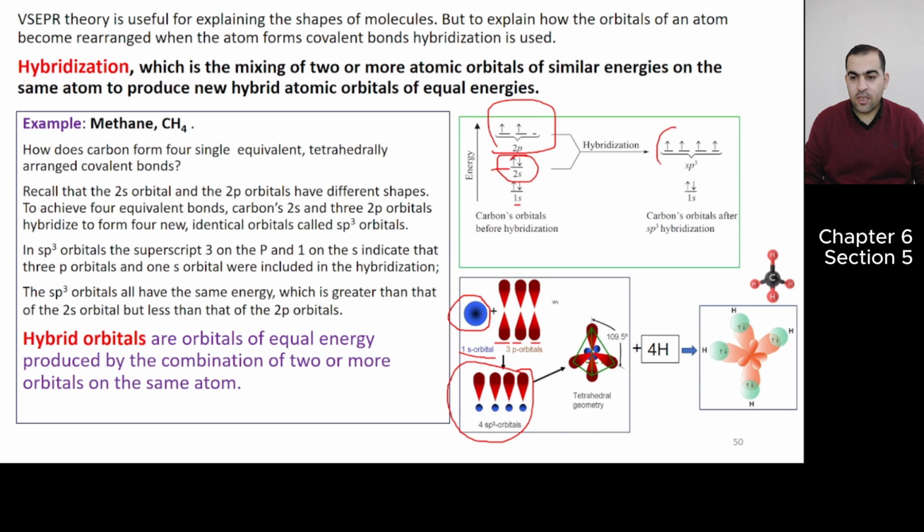So they have the same shape and equal energy. There are four sp3 orbitals. So a tetrahedral geometry will form. CH4, we said, makes a tetrahedral shape. Now, this is carbon before bonding.